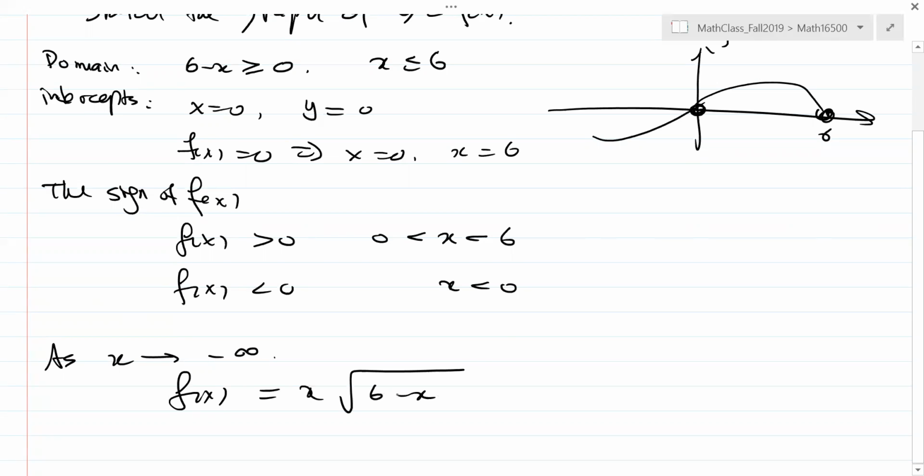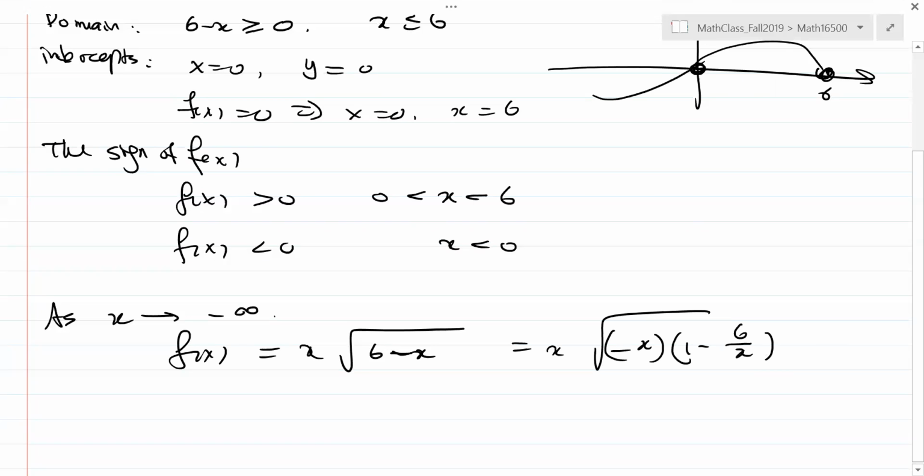I take x out, but this will be the negative x, because x is negative, so it becomes positive. It is going to be 1 over 6 minus x, I think so. When you multiply this out, you get it.